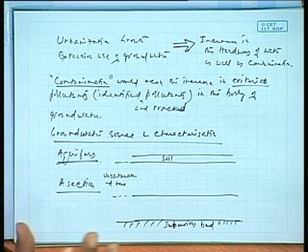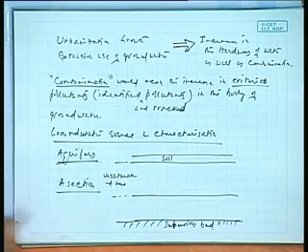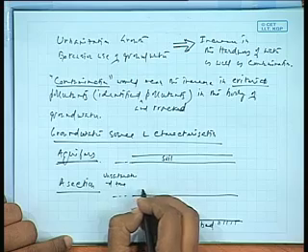Just for understanding, it's not necessary that groundwater cannot exist below this level also. Groundwater can very well exist, but when it exists, it must exist between two supposedly impervious layers. Now here this is the groundwater zone.